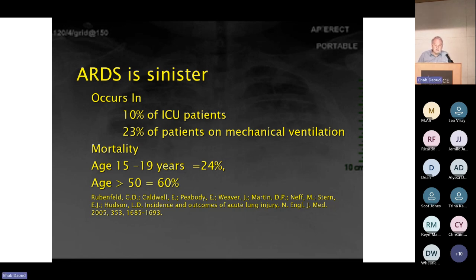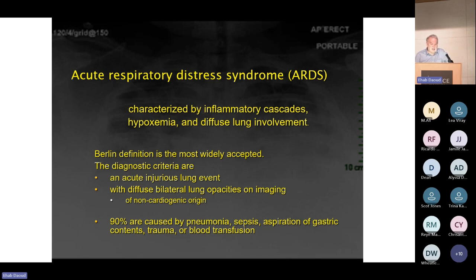ARDS is characterized by inflammatory cascades, hypoxemia, and lung injury, and there are a number of definitions we use. The Berlin definition is the most topical and used at the moment, although I believe that's under review because of some requirements to not be ventilated. So the important thing is that hypoxemia is an important part of this.